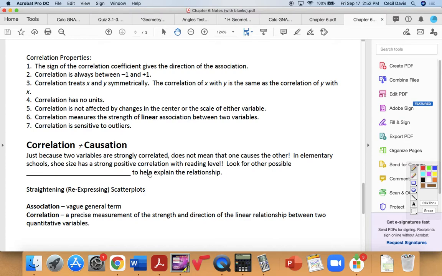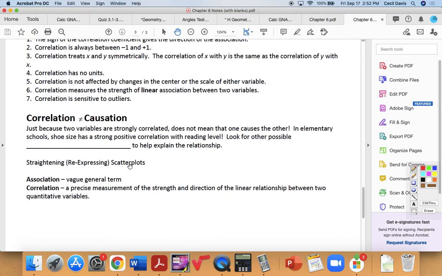I seem to remember there was one about Nicolas Cage movies that were released in a given year, and I want to say it was mortgage rates or something. Wow. And there was a strong linear correlation, and it was like, what the heck? How did that happen? And it's just one of those things where they just happened to be the same.